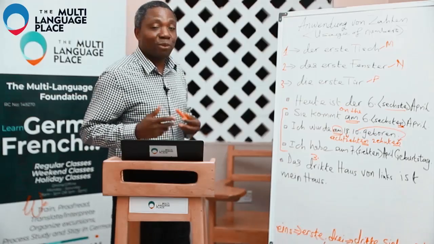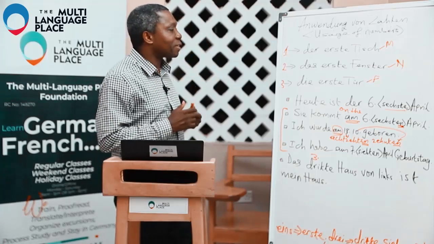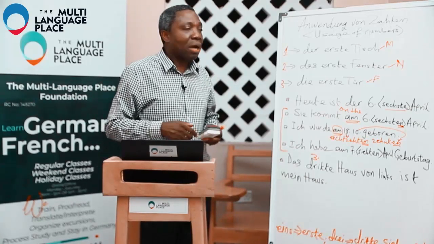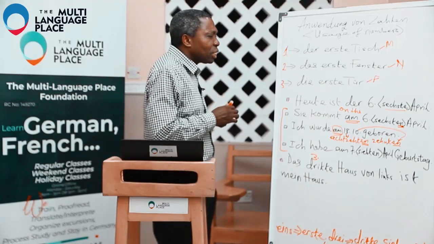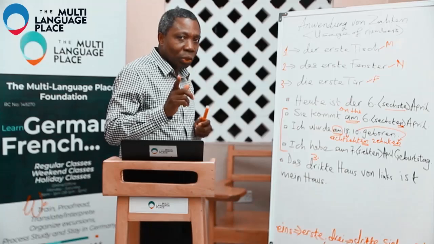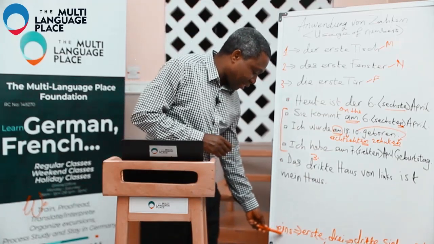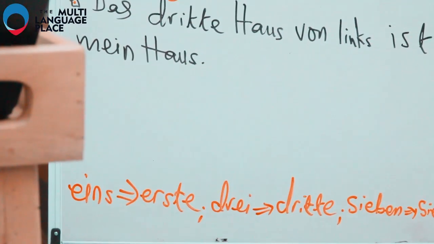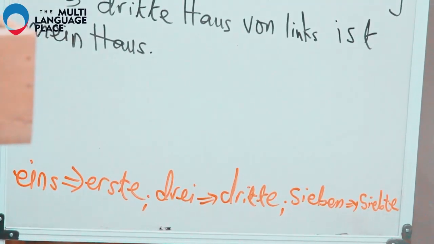Okay, before we round off, just to show you some things, very important, and just as we count the numbers, there are just some little changes that you will notice. Remember, we have, for instance, eins, which means 1. Zwei, drei, vier.